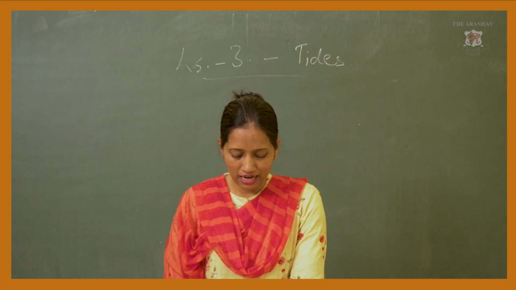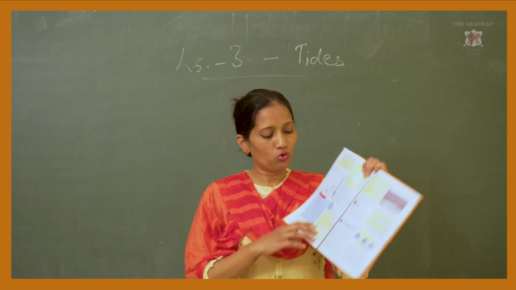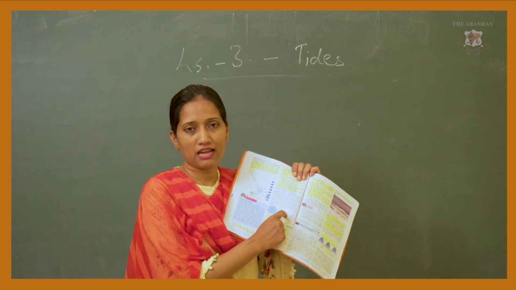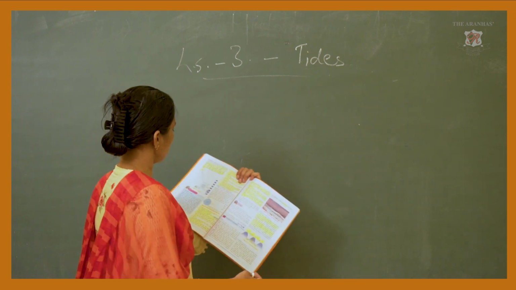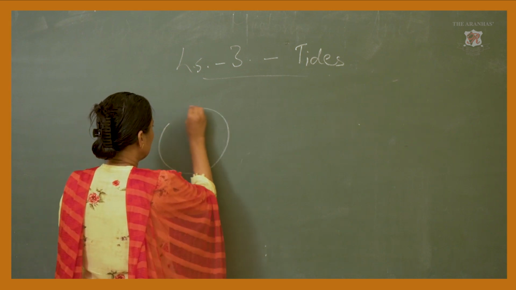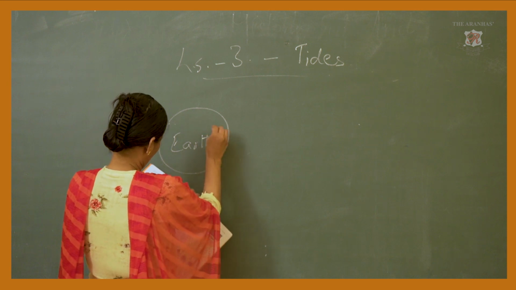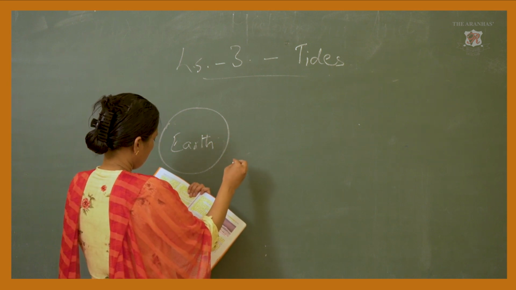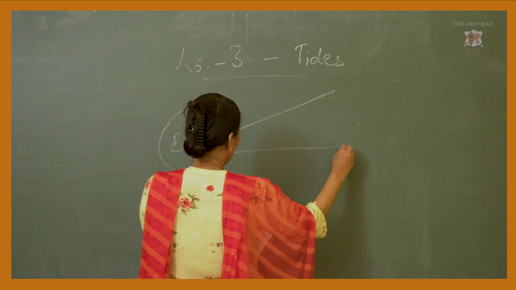There will be high tide at point P. Now here you have to read this diagram very, very carefully. Suppose this is the earth, and it is the moon they have shown.